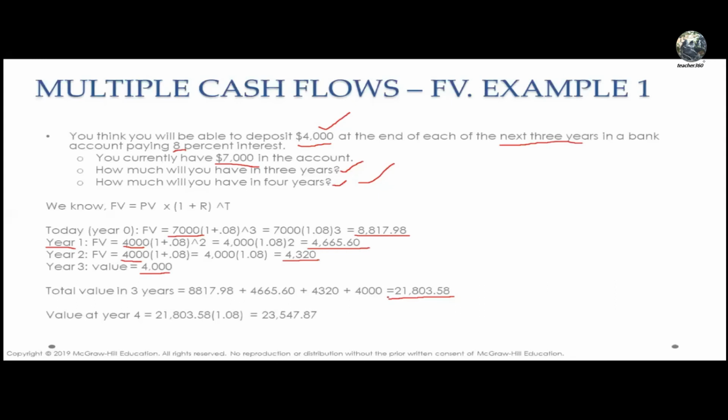So $21,803.58 is now considered your present value, times 1.08, that is 1 plus 8% interest. If you multiply it, you get a future value at year 4 of $23,547.87.